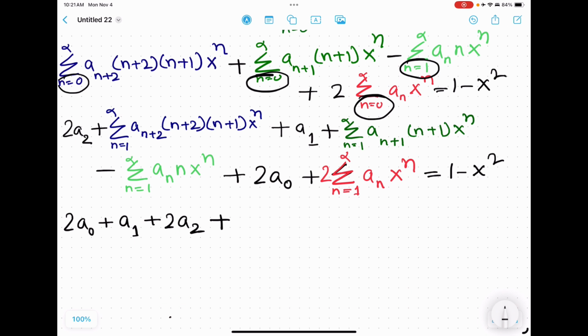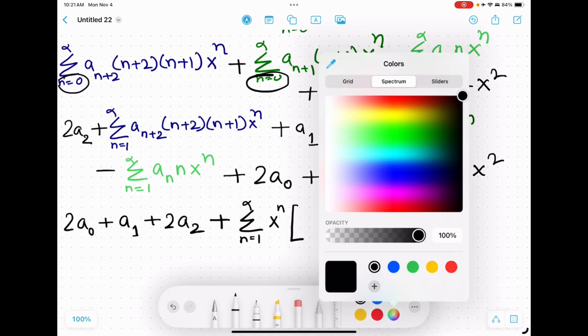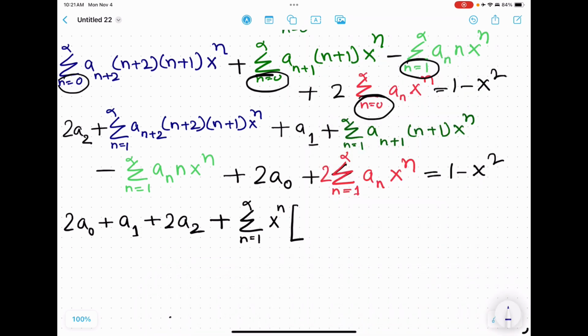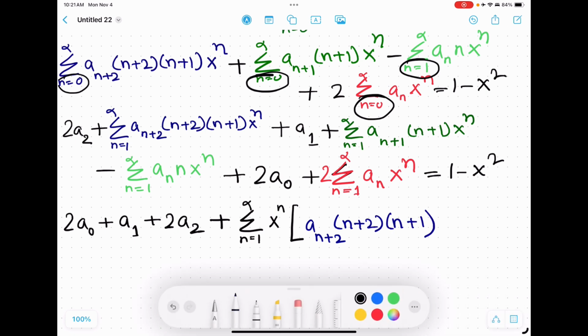And then combining all these 4 power series into 1. So I have summation n equal to 1 to infinity x to the power n. And then just writing out my leftover terms. So I have a sub n plus 2 times n plus 2 times n plus 1. And then I have my plus.